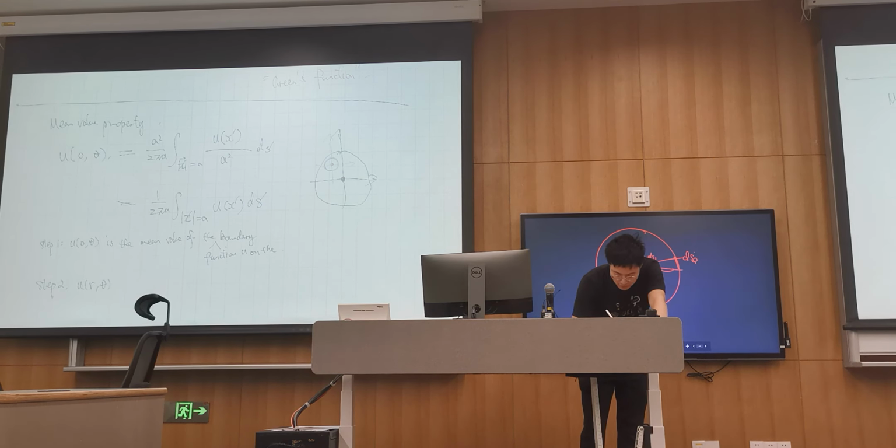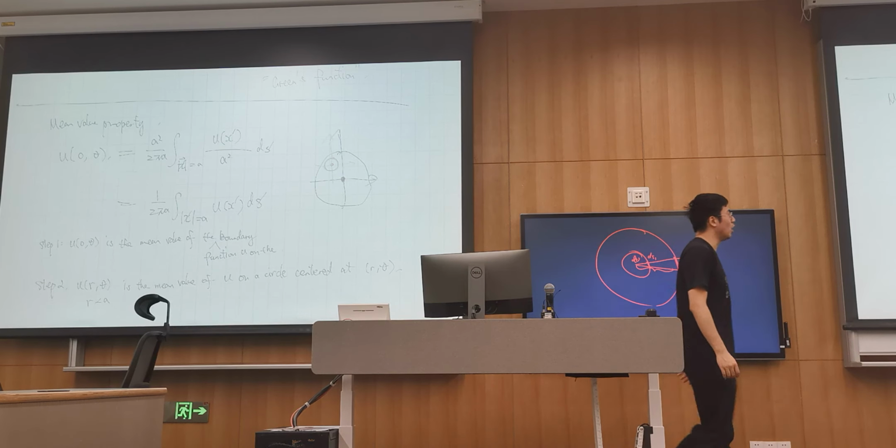u(r, theta), as long as my r is smaller than a, is the mean value of u on a circle surrounding it, centered at (r, theta).